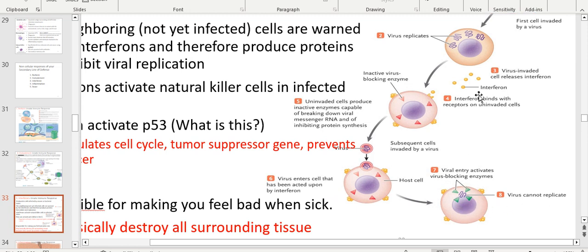So these interferons are just chemicals telling another cell, hey, this is what I got, protect yourself.